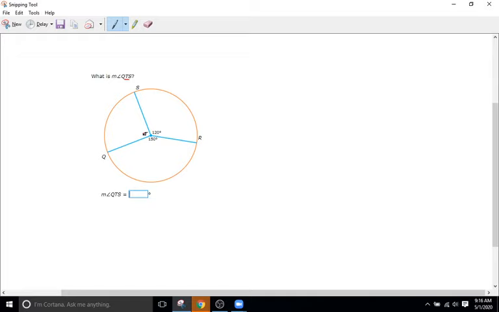Like I said earlier, all of the angles have to add up to 360 in a circle. So all we're going to do is add up 120 degrees with 150 degrees with T, and that is going to add up to 360. We'll just write that out real quick. 120 degrees plus 150 plus T equals 360 degrees.